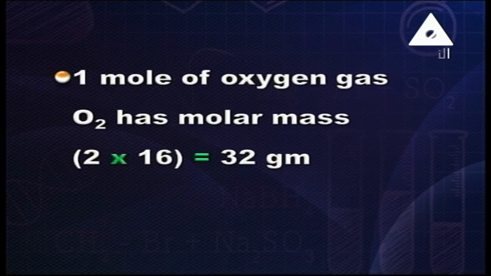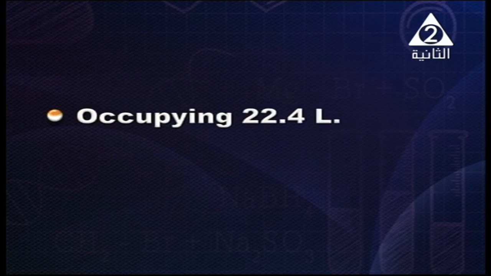When I ask you about 1 mole of the oxygen gas O2, which has molar mass equal to 32 grams, 2 by 16. You say, occupying what? 22.4. Why? Because just 1 mole of oxygen. Any mole of anything, constant number 22.4.